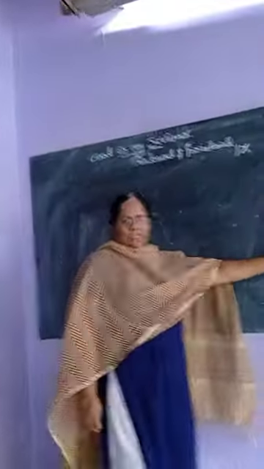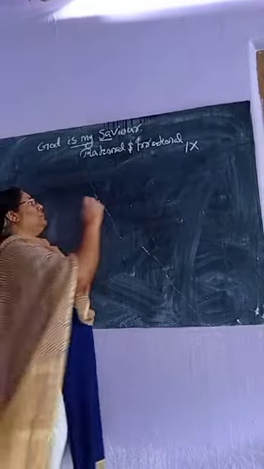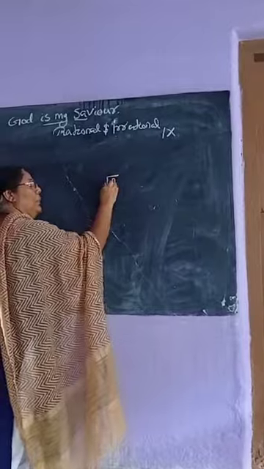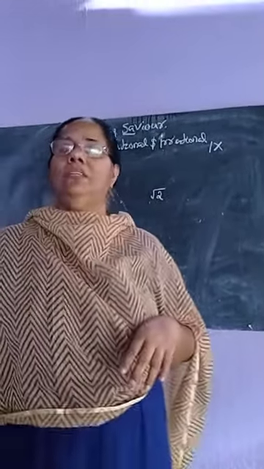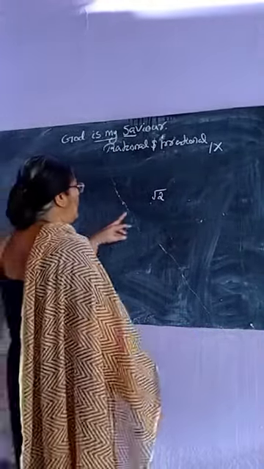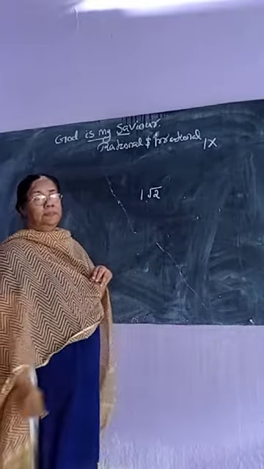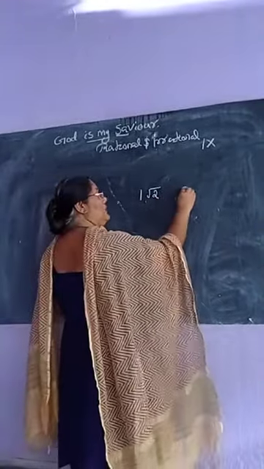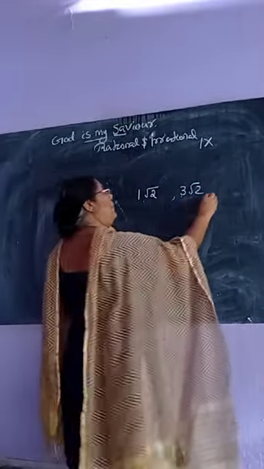First, all of you listen to this. We know that root 2 is an irrational number. Then this root 2 means 1 root 2, isn't it? And the second one is 3 root 2 and 5 root 2.